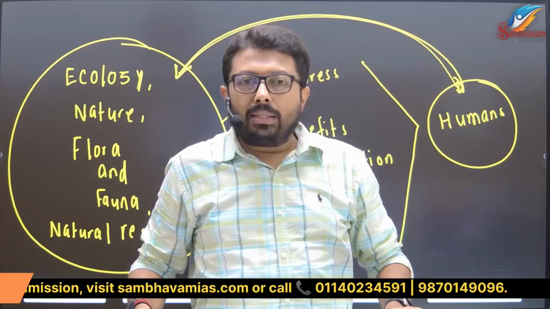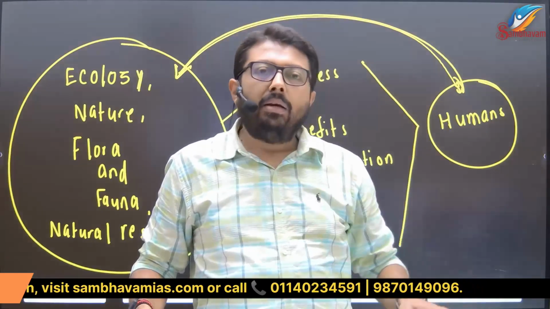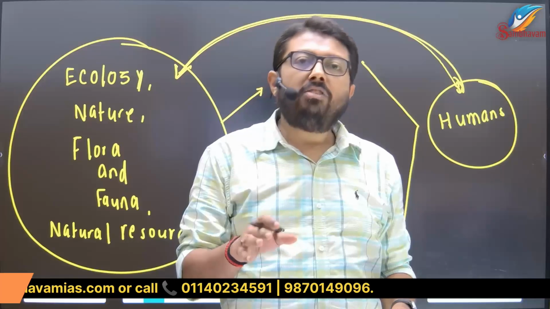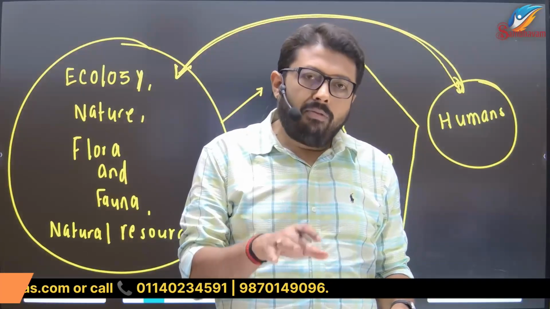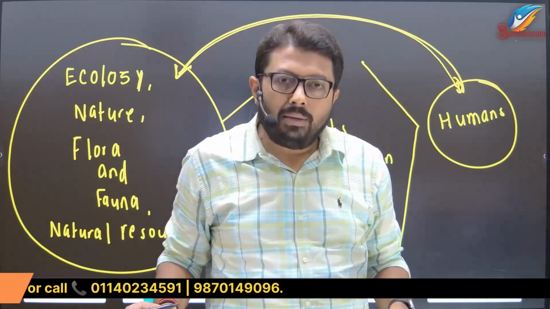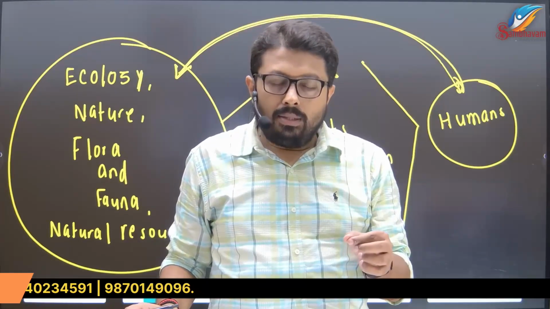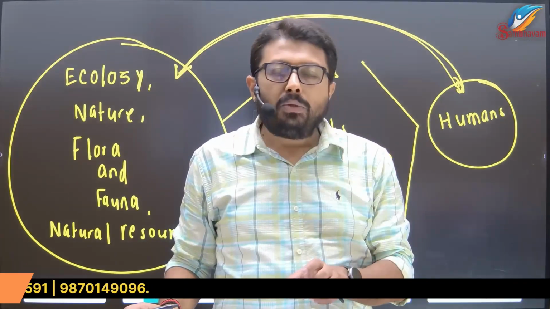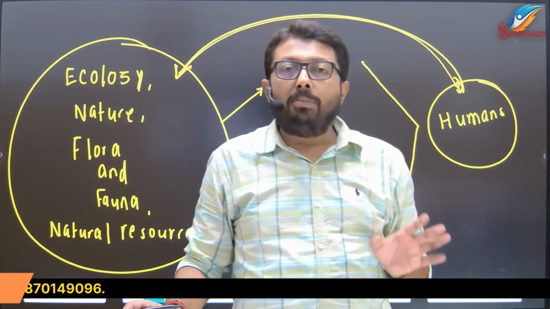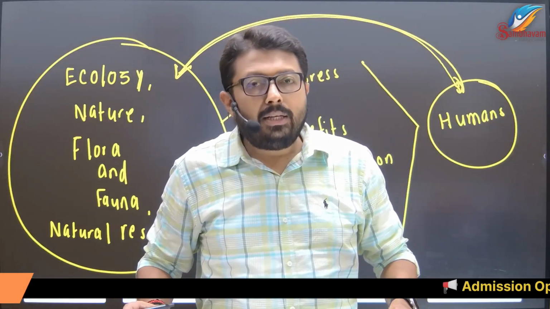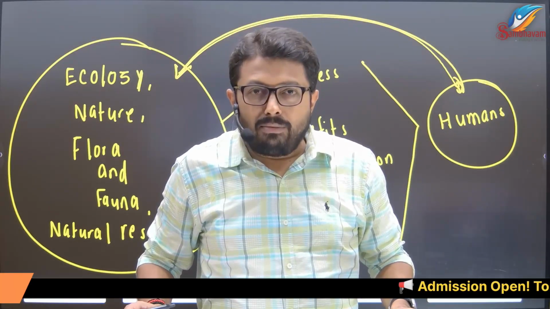But if you ask in one line which value natural resources have, they have instrumental value. Why? Because they are of great use to the humans. Who are the humans? The humans are rational agents. Who, rational agents? Those have intrinsic value, right? Clear?